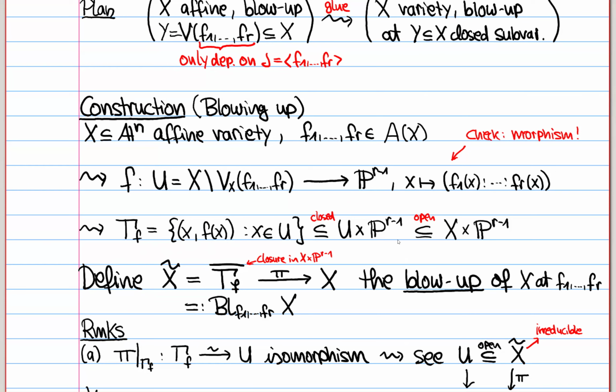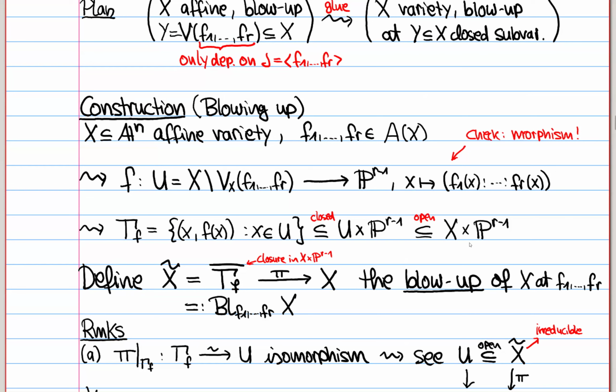So this is nice. And then we have a second inclusion because remember, U is an open subset of X. And so U cross P^(r-1) is an open subset of X cross P^(r-1). So we have this composition, first a closed embedding and then an open embedding like this.